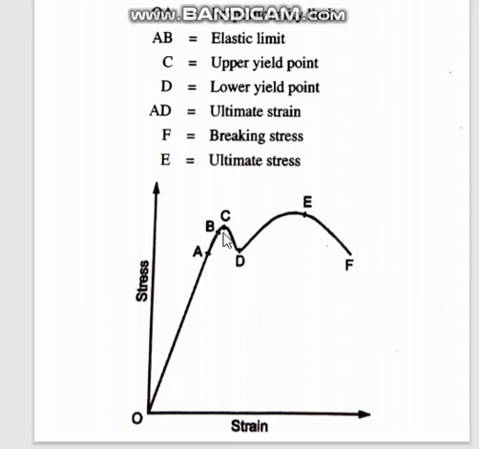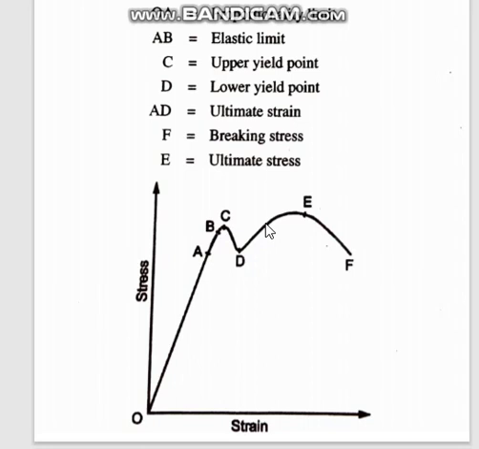So further, if you increase the load, at C you get an upper yield point, at D you get a lower yield point, at E you see ultimate stress, and at F you see breaking stress. You see what? It starts yielding. In the UTM machine it will be shown suddenly up to here, and then suddenly it shows a fall, because it would have yielded suddenly.